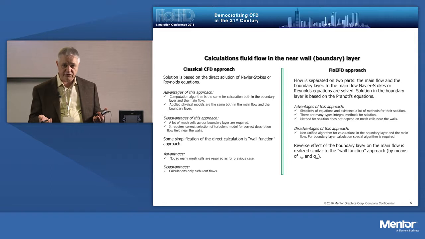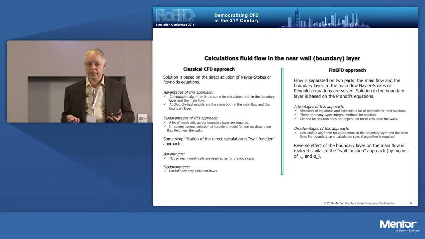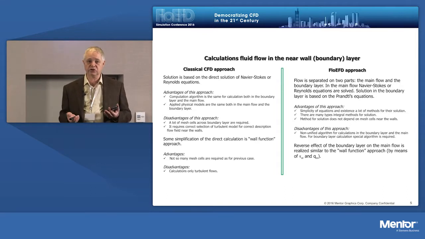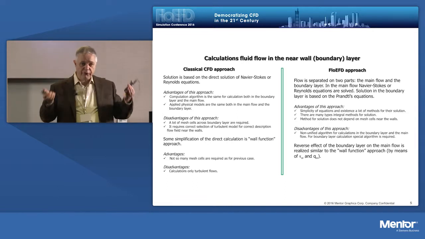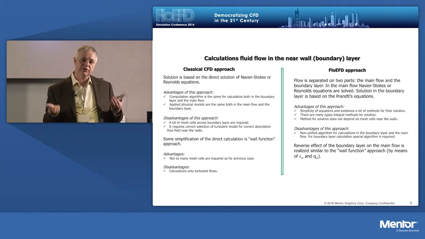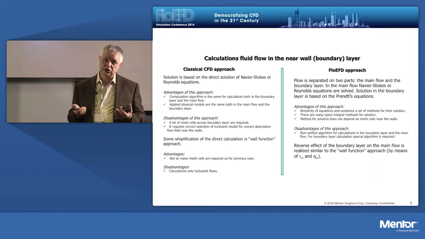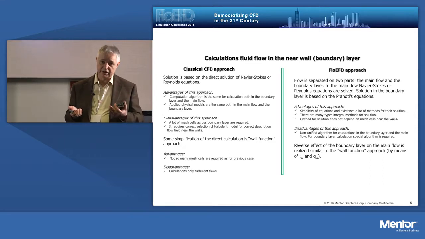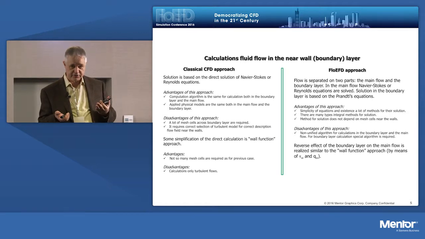You have to pay for this. And the second disadvantage is that you need to be very careful with the selection of the turbulence model. Why? In the core flow, the flow is not uniform and not isotropic, but it is not so changing, and it does not have dedicated directions. In contrast, the boundary layer is a flow of very high gradients.